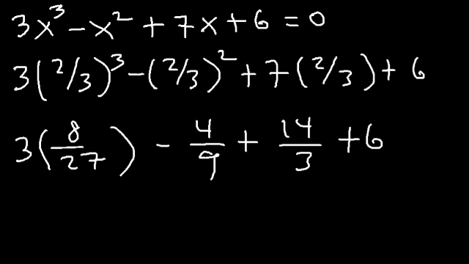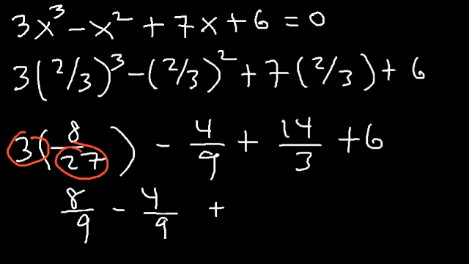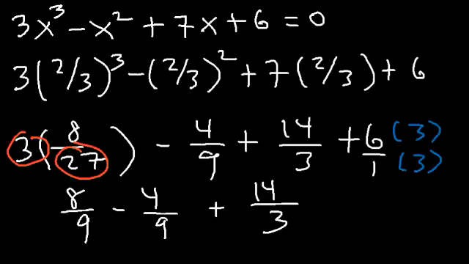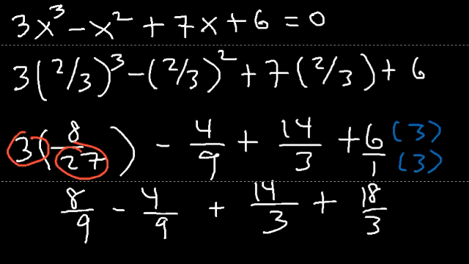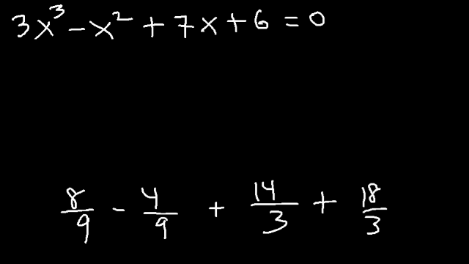Now what's 3 times 8 over 27? What you could do is divide it backwards. 27 divided by 3 is 9. So this is going to be 8 over 9. Now 6, I'm going to multiply the top and bottom by 3 and turn that into 18 over 3. 8 over 9 minus 4 over 9 is 4 over 9. 14 plus 18 is 32.